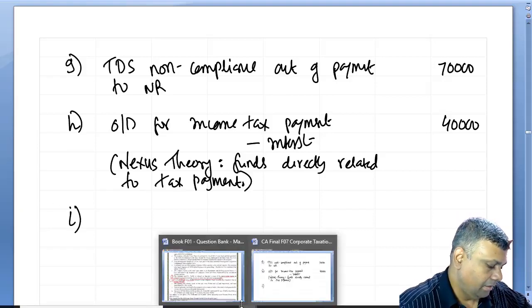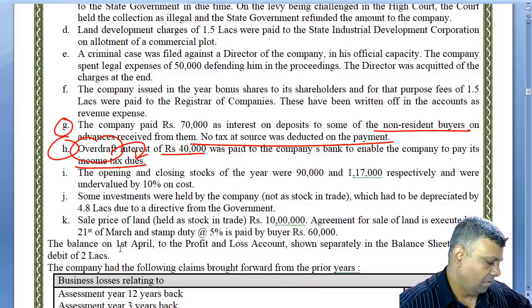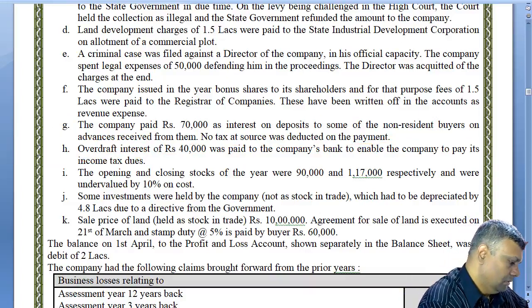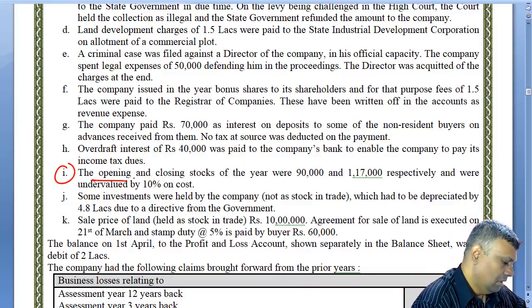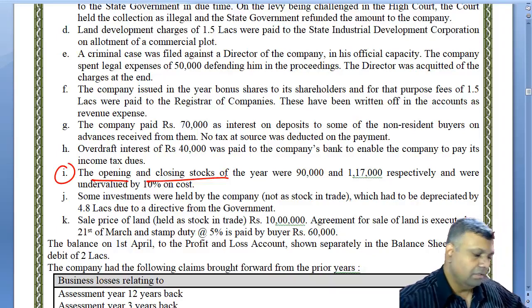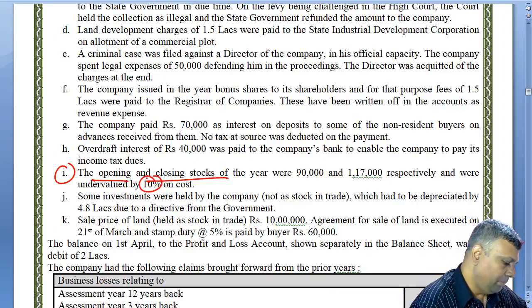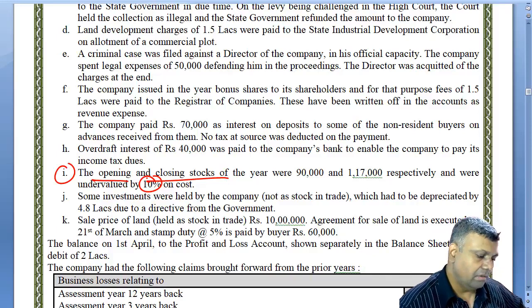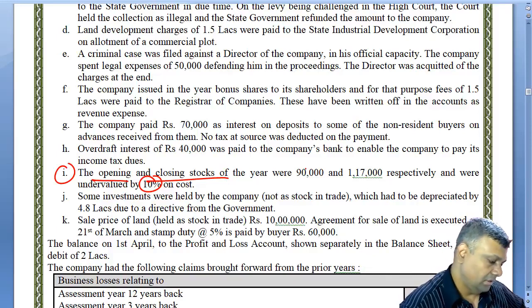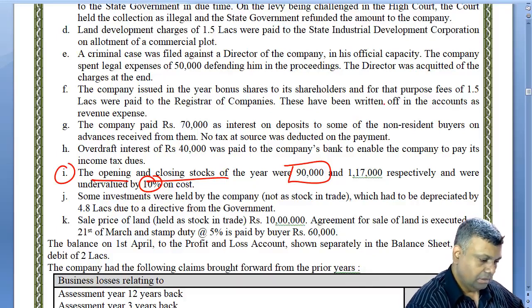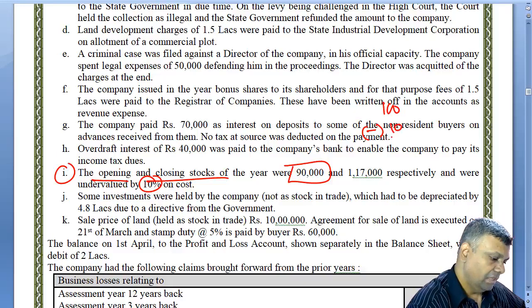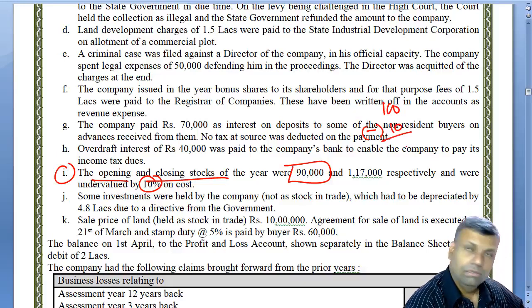Now the opening and the closing stocks. Naturally it's just a stock adjustment, but 10% on cost. It was undervalued at 10% on cost. So this is already undervalued. Supposing if it is 100, then undervaluation is 10.